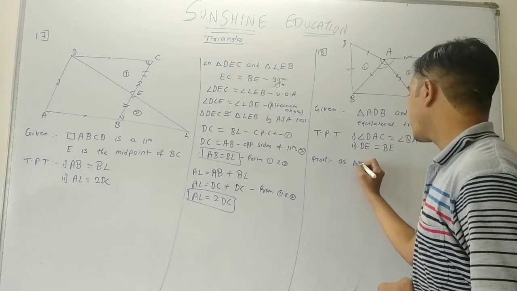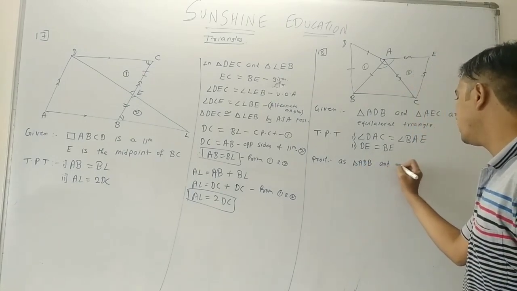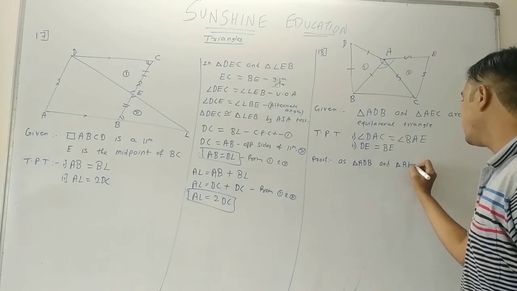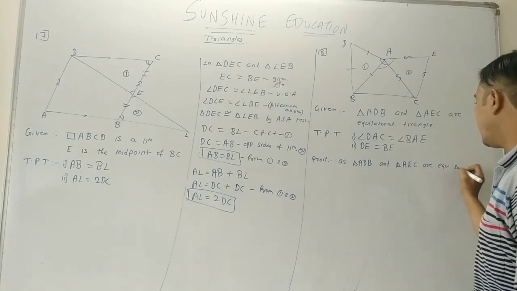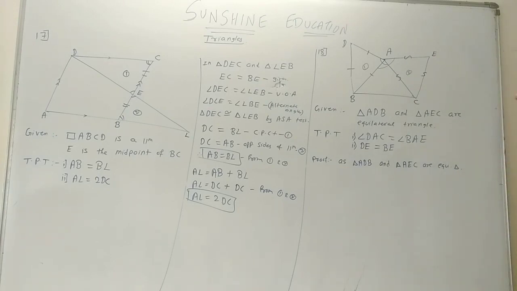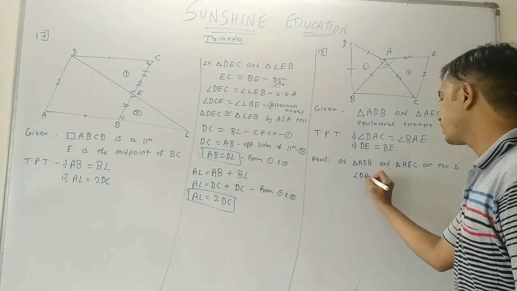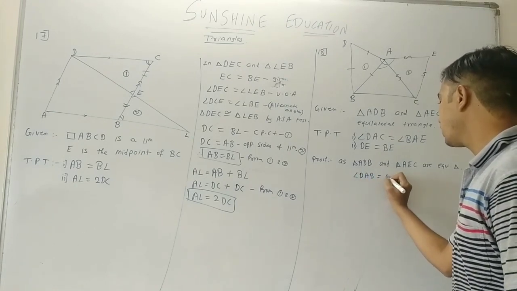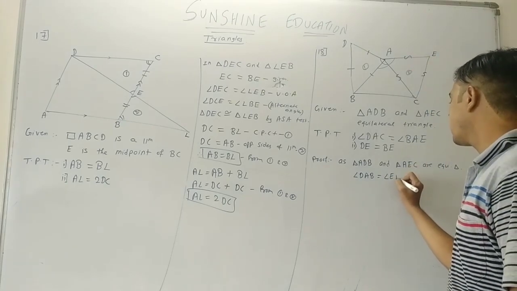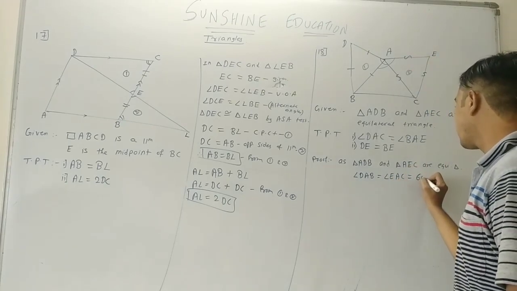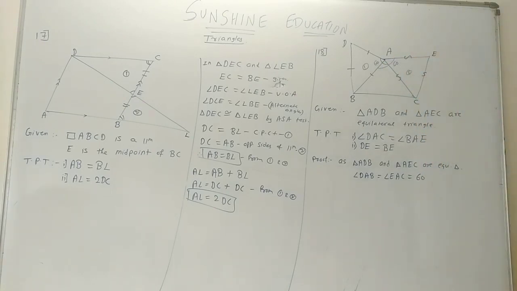As triangle ADB and triangle AEC are equilateral triangles, we know that angle DAB is equal to EAC is equal to 60 degrees. So this is also 60 and this is also 60. Now we need to prove this DAC.